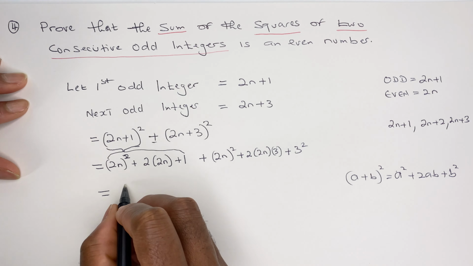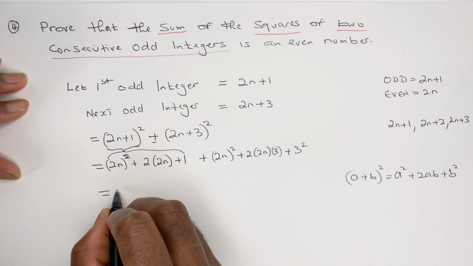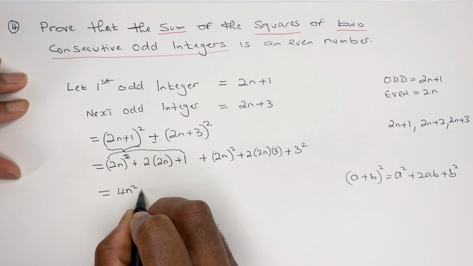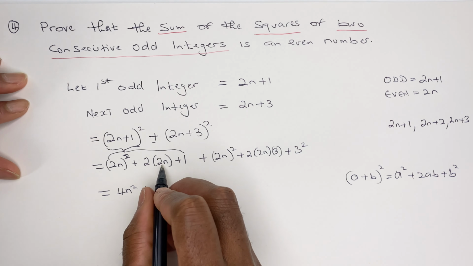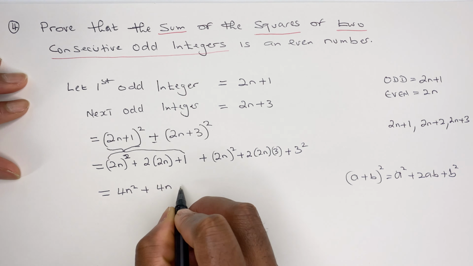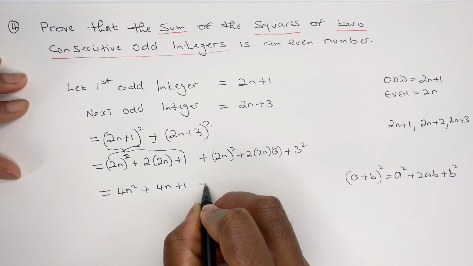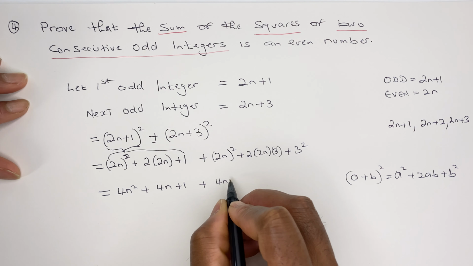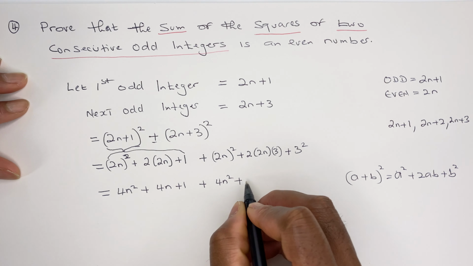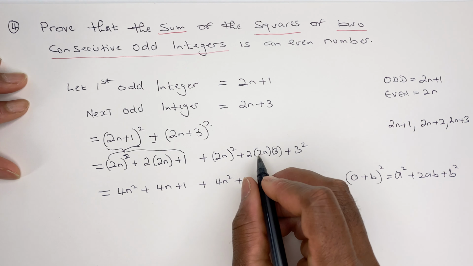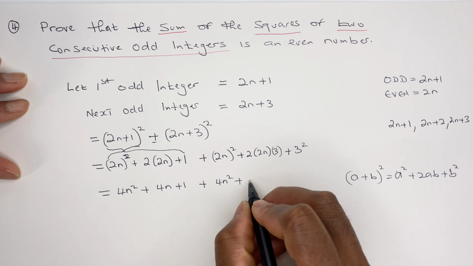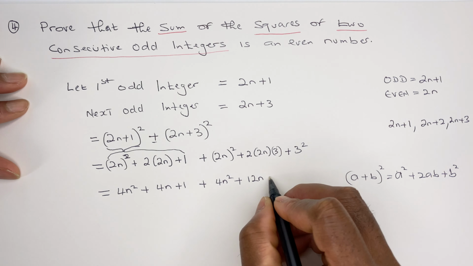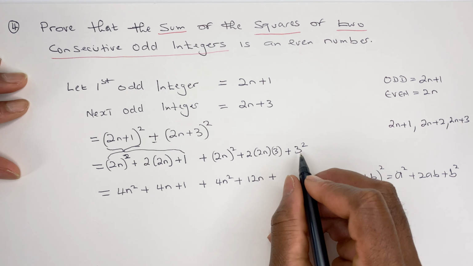And so when I expand this, 2 to the power 2 is 4, so I get 4n squared plus 2 times 2n is 4n plus 1, plus 4n squared plus, now 2 times 2 is 4, 4 times 3 is 12, 12n plus 3 squared is 9.